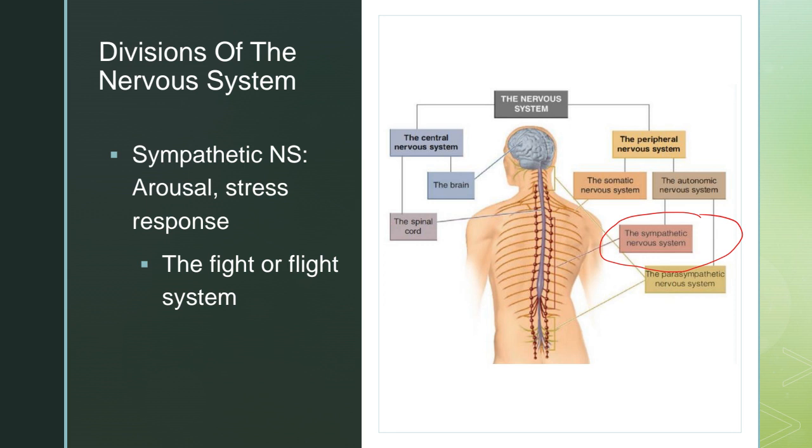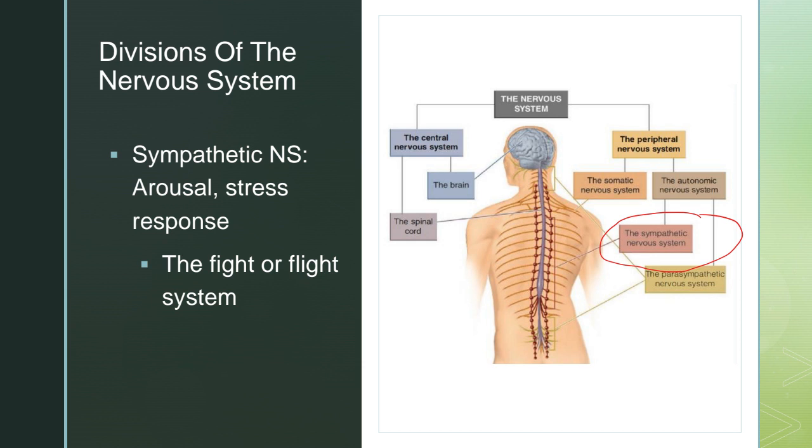So during times of sympathetic nervous system activation, our body starts to expend rather than store energy. Obviously, if we're faced with a threat, our body is going to do a number of things to prepare to deal with the threat, either fighting the threat or fleeing from it.